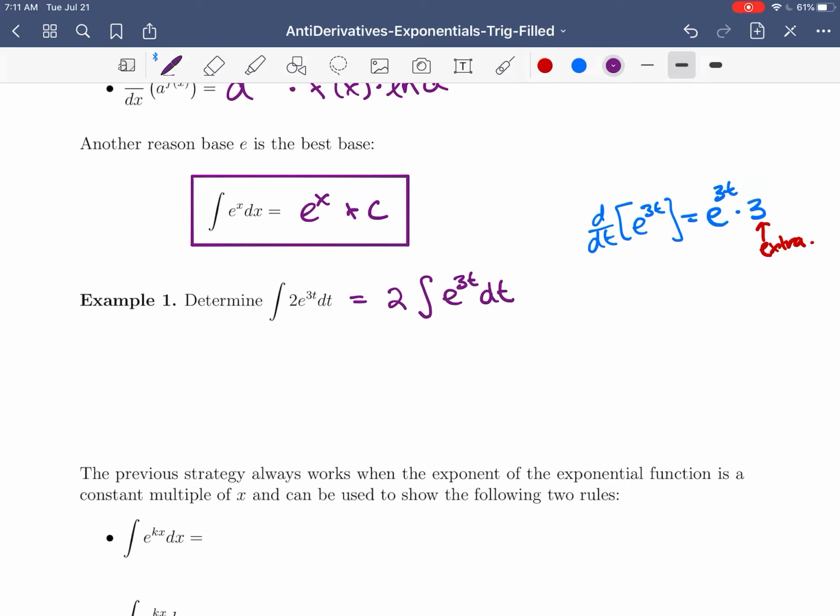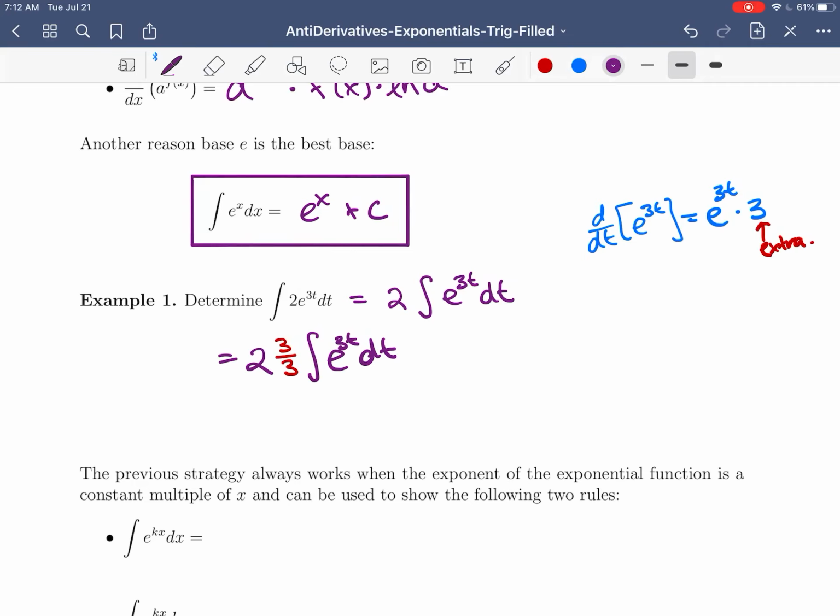So what we can do is we can take our antiderivative and I can multiply it by 1. Okay, so I'm multiplying it by my fancy one, 3 over 3. Okay, so this is one way that you can compute antiderivatives, is to make them have the derivative of the function you know. So that's what I'm trying to do.